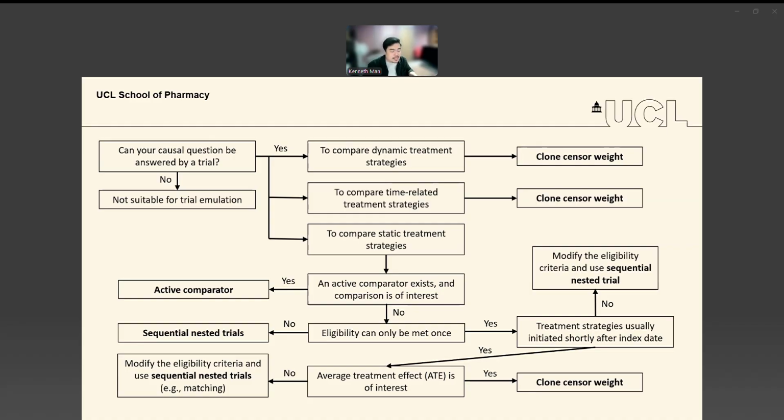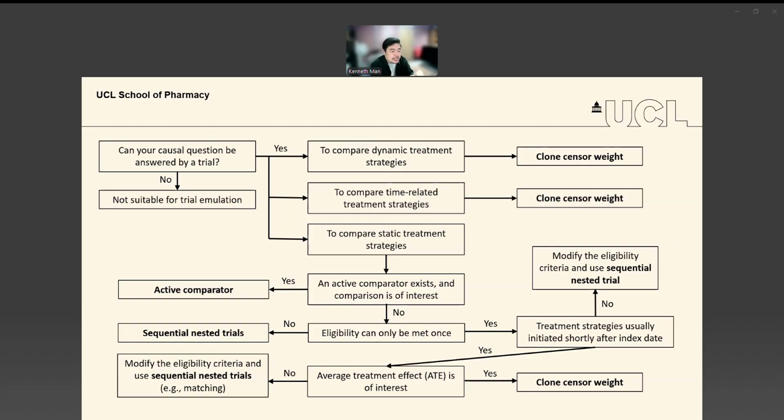If yes, then you may want to think about whether the treatment strategy is initiated shortly after your study indexing. If yes, then you could go ahead to a consensus array approach. If no, then as I said, you may consider revising your eligibility criteria, and perhaps a sequential nested trial may be a better option.